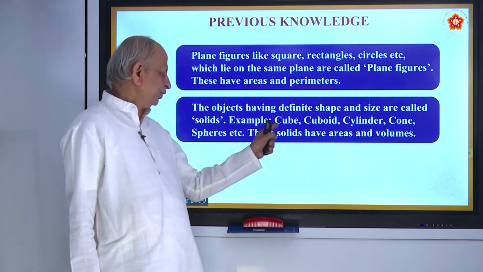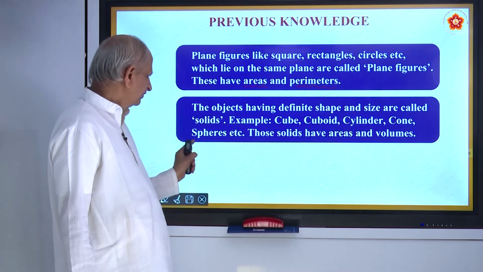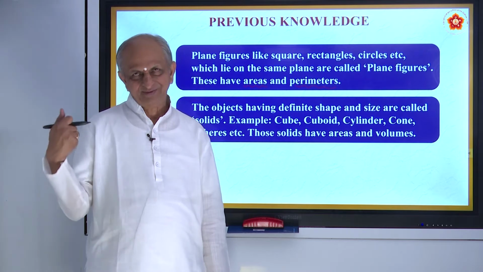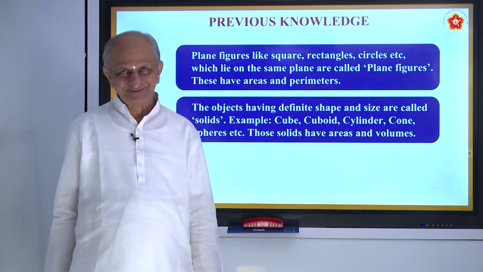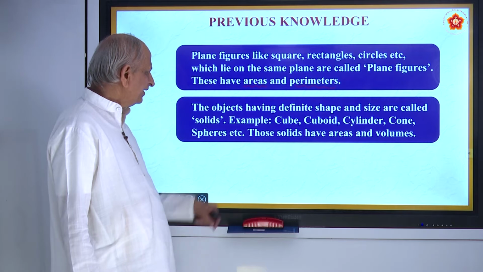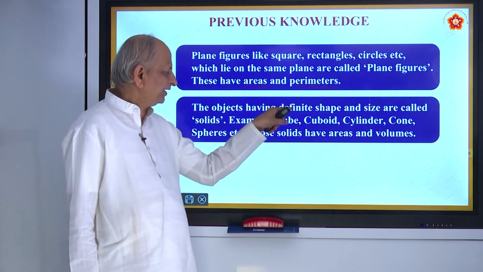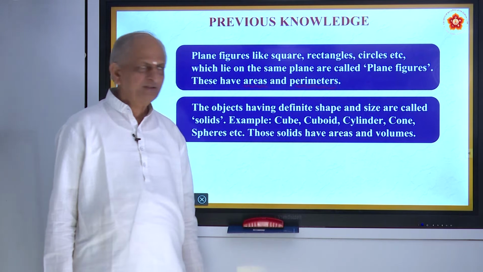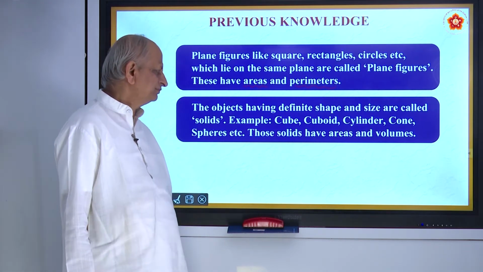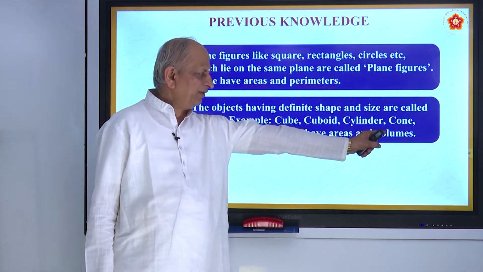For example, cube, cuboid, cylinder, cone, sphere, etc. Then you may ask, where do you get all these things? We will show it now one by one. All these solid objects having definite shape and size are called solids. And they will have areas also, and they will have volumes also.